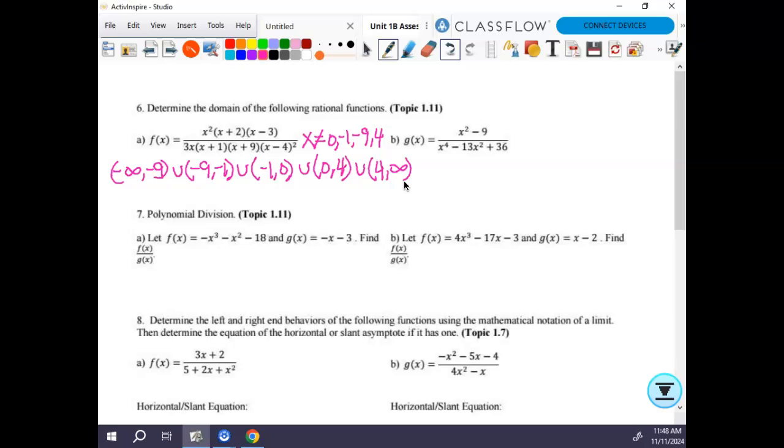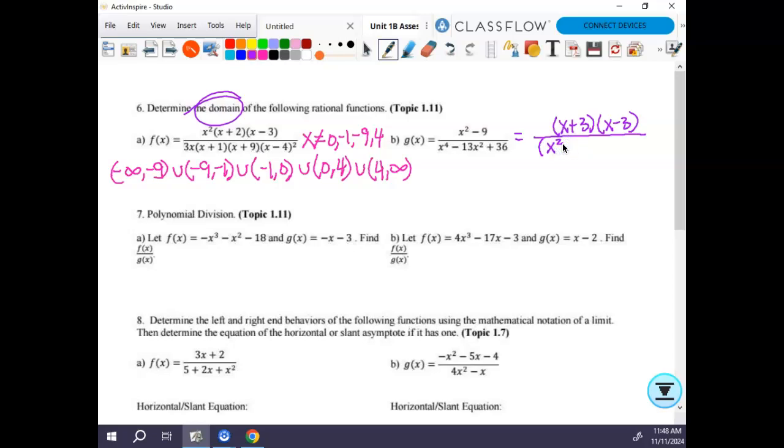Okay. All right, on B, I need to factor. Now again, since I'm just finding the domain, I just look at the denominator before I reduce. I don't necessarily have to factor the numerator, but let's talk about the fact that this is x plus 3 times x minus 3. And then in the denominator, that's x to the 4th, so I'd get x squared.